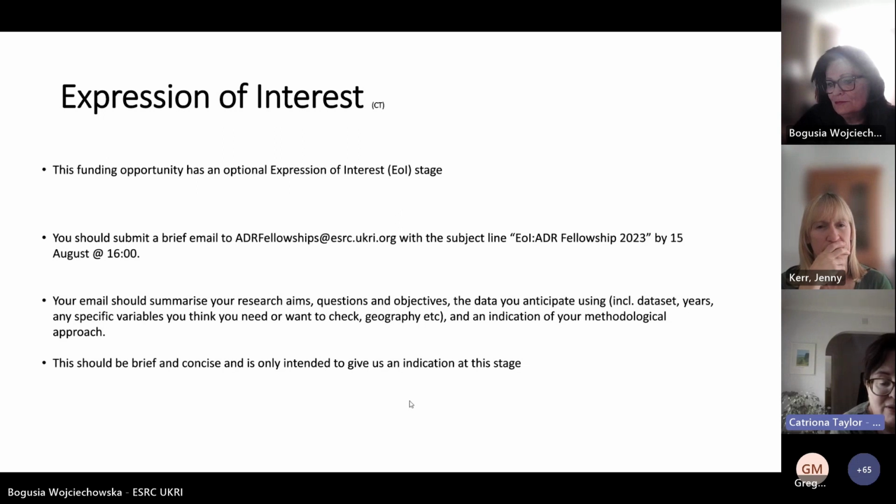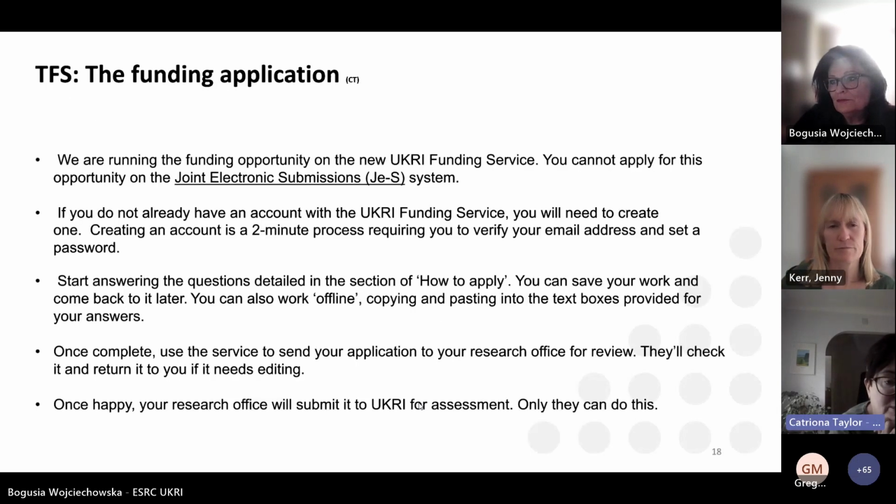It's only to give us an indication, just to ensure that your application will be feasible. It will do what you want it to, it will answer what you want to ask with the data that you're requesting. Next slide, please.